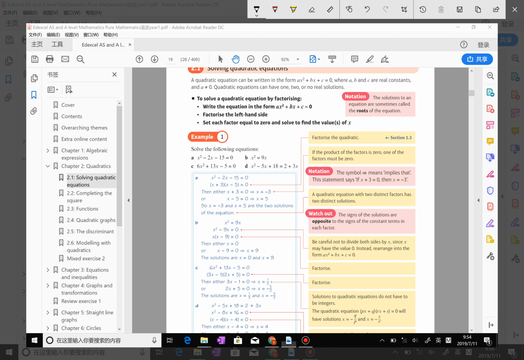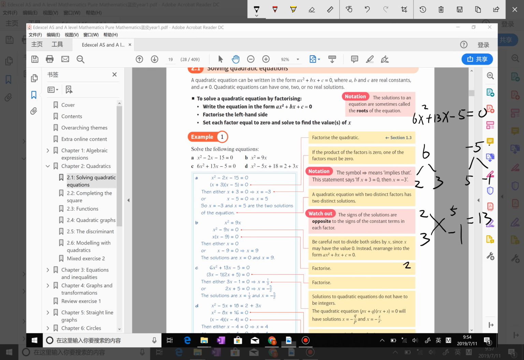Let's look at C. We have 6x squared plus 13x minus 5 equals 0. We should factorize. The coefficient before x squared is 6 and the constant is negative 5. We can split 6 into 2 and 3, and negative 5 into 5 and negative 1. 2 times negative 1 is negative 2, and 3 times 5 is 15. 15 minus 2 equals 13, exactly the coefficient before x.